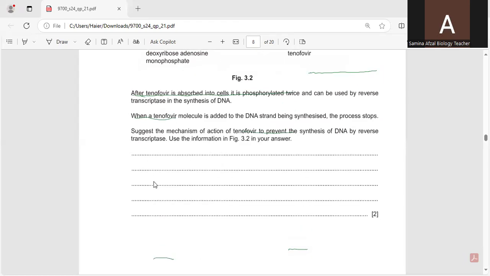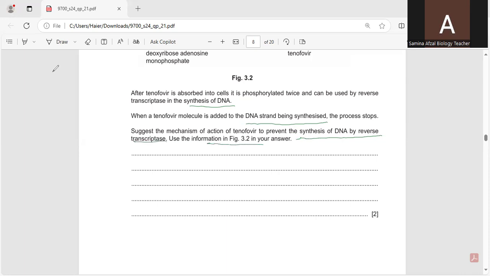The first question related to this picture is: after tenofovir is absorbed into the cell, it is phosphorylated twice and can be used by reverse transcriptase in the synthesis of DNA. When a tenofovir molecule is added to the DNA strand being synthesized, the process stops. Suggest the mechanism of action of tenofovir to prevent the synthesis of DNA by reverse transcriptase.